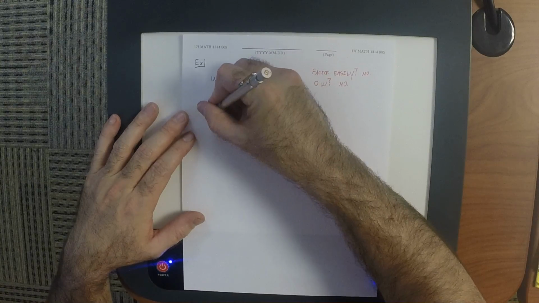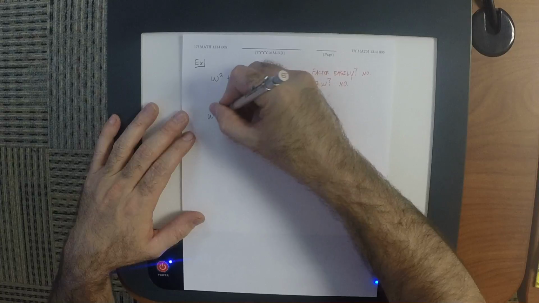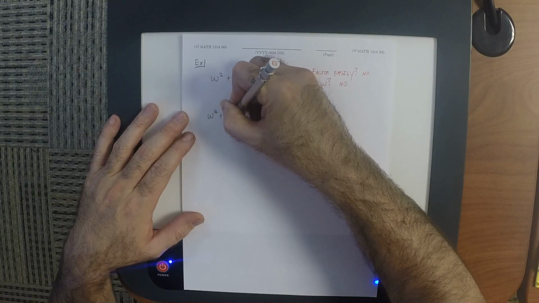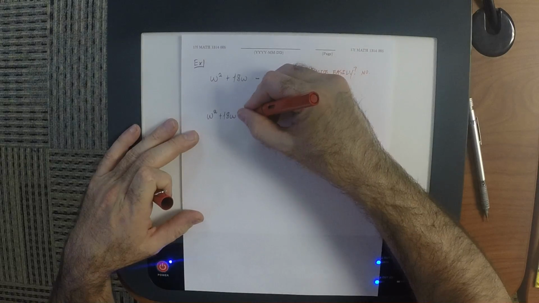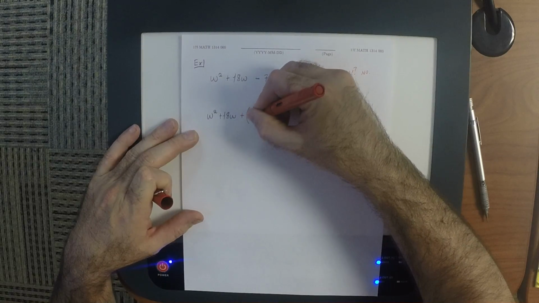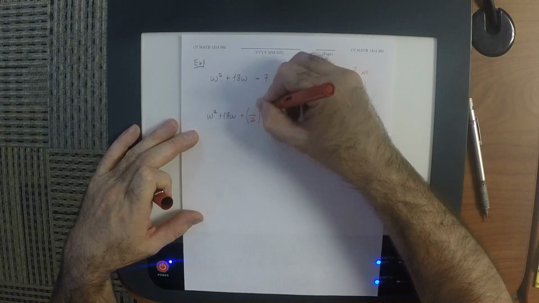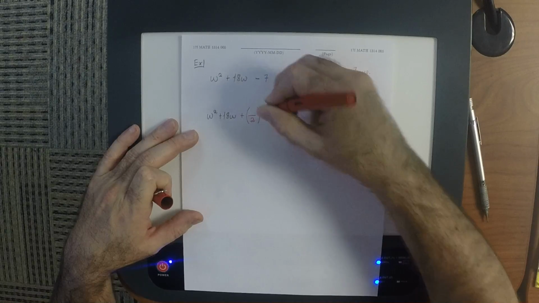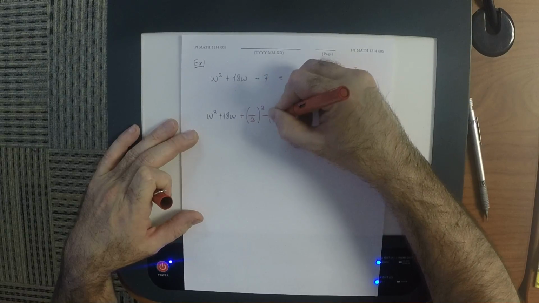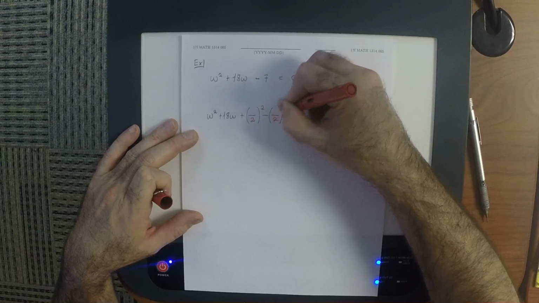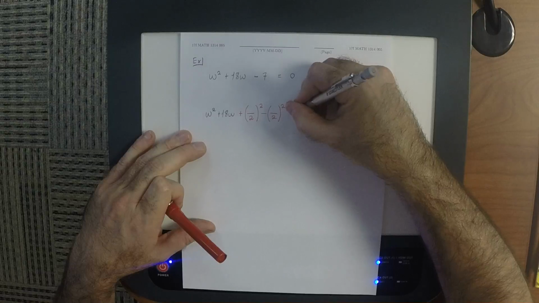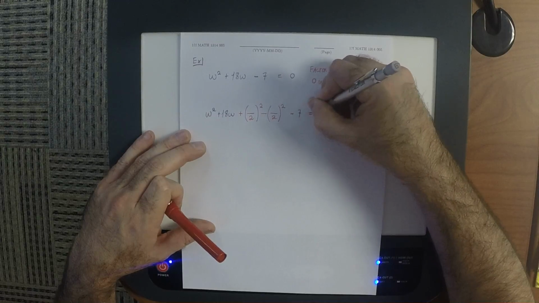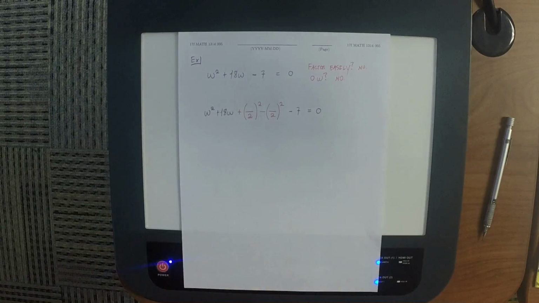So what you do is you do w squared and then plus 18w, and you're going to add something over 2 and square it, and then subtract the same amount. And it's always over 2, and it's always squared. The question is what is it that goes in that numerator?